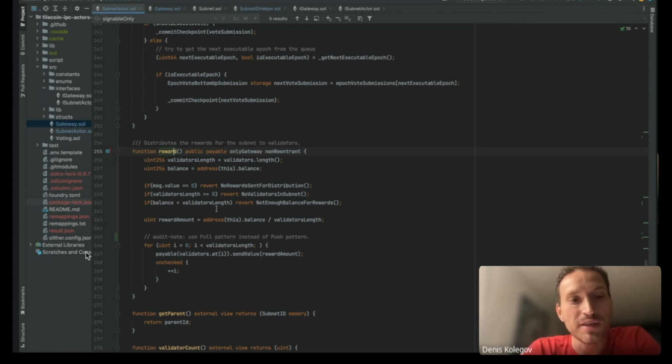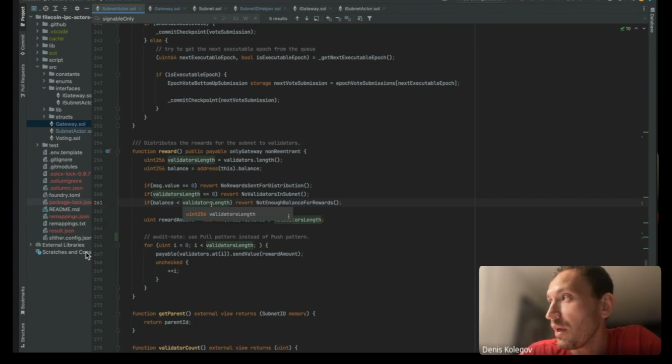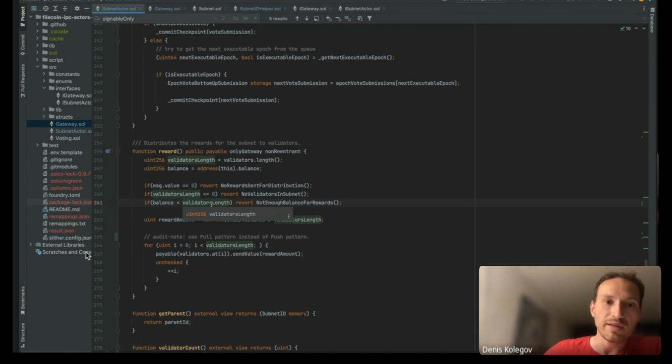Another thing is that we also should understand whether rewarded validators really took part in those epochs where they sent cross-network messages or not. So in the ideal case, I would say that epochs and rewards must be linked somehow.